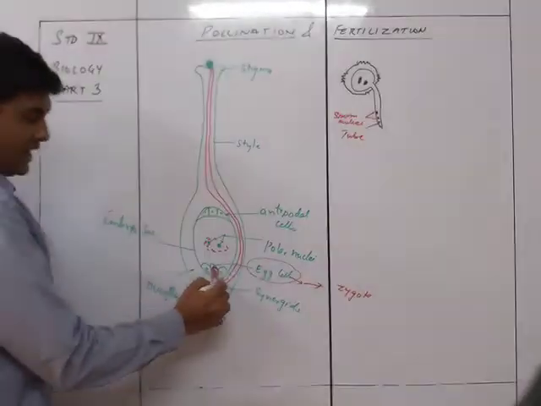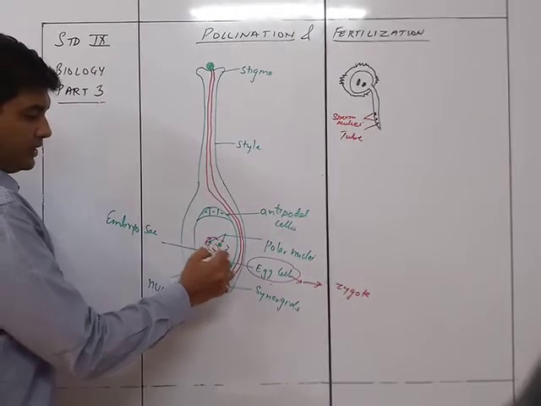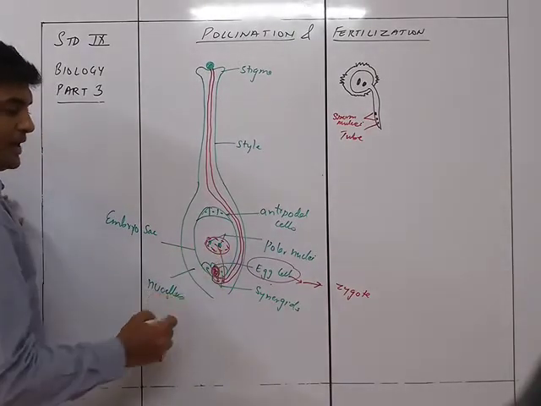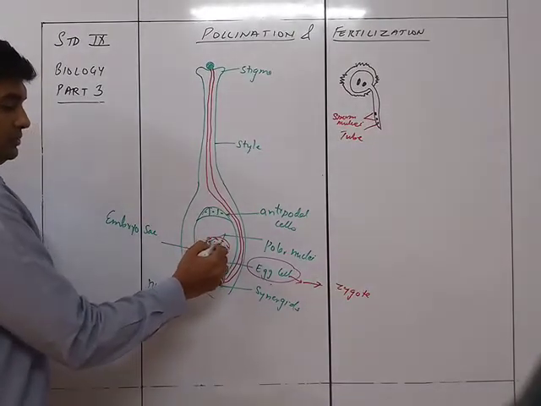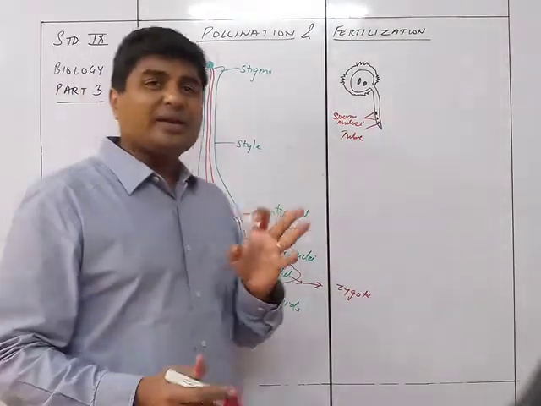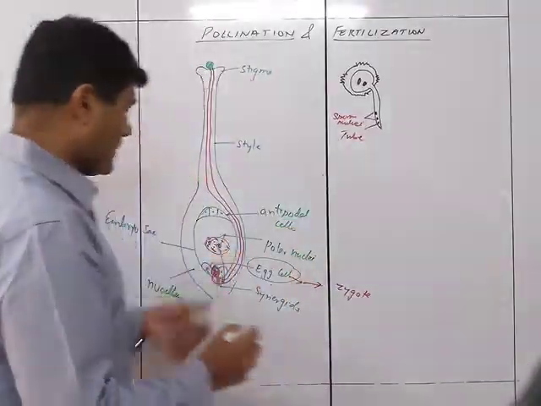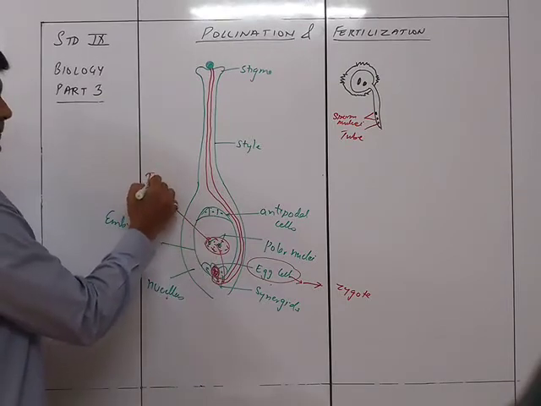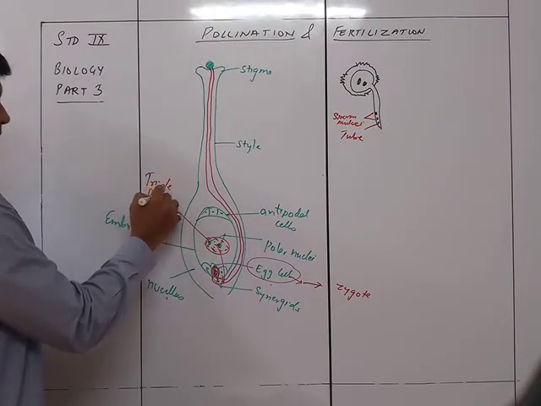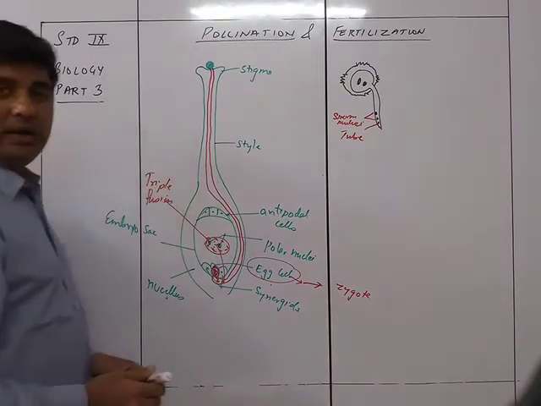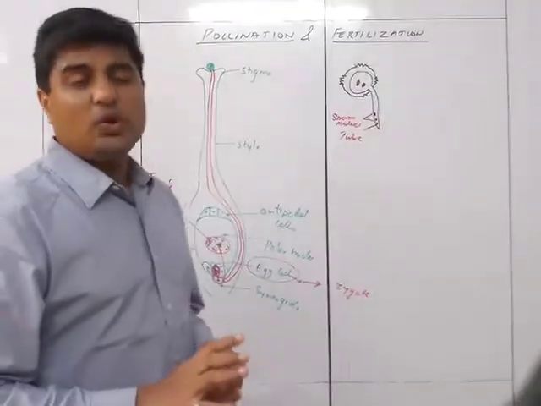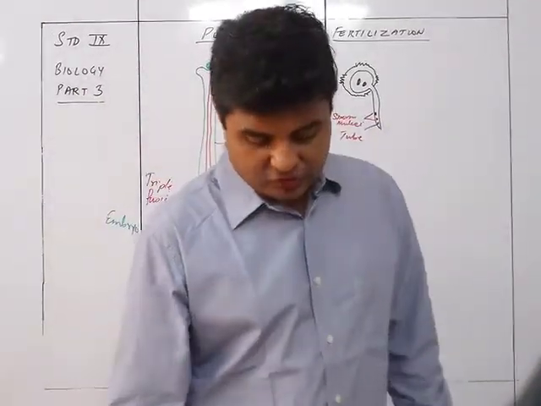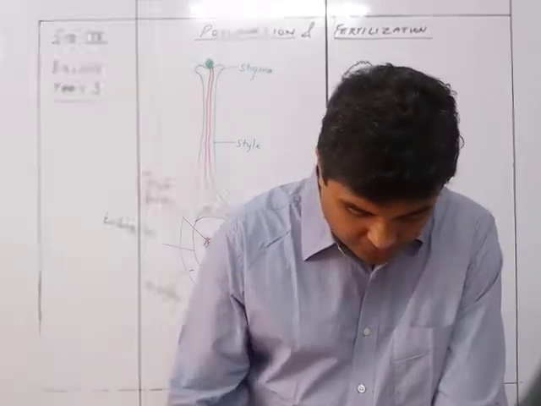Whereas the other nucleus goes and enters over here and fuses with the polar nuclei. Here, 3 nuclei are going to fuse together, and that is why this is called triple fusion. Why triple fusion? Because 3 nuclei are going to fuse together.